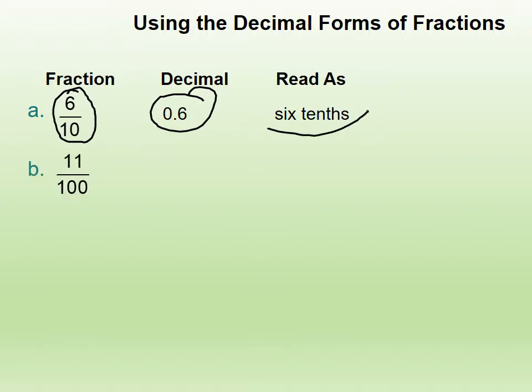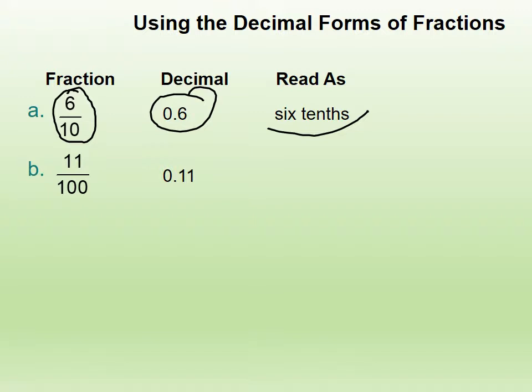Who wants to give it a try for B? Sammy? Okay, can you tell me the decimal part of it? 0.11. Does anybody want to give it a try on how you would say that?